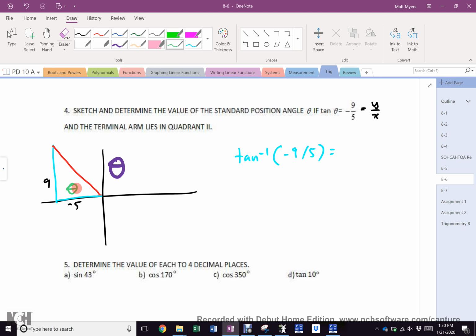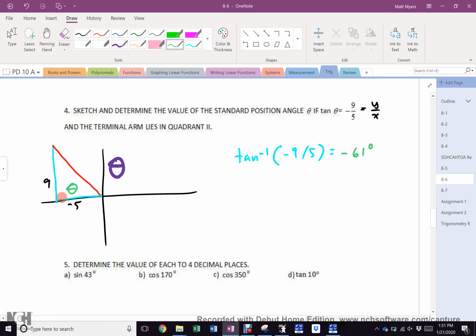Okay. Now, do what I asked you to do and actually punch it in. And what does it give you? Negative 61. You got it. Negative 61 degrees, yes?